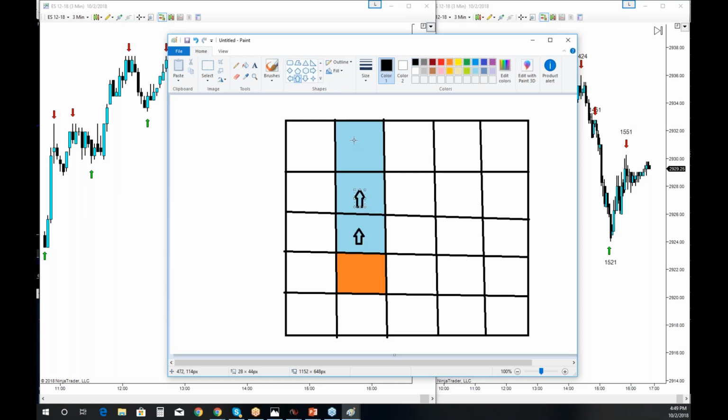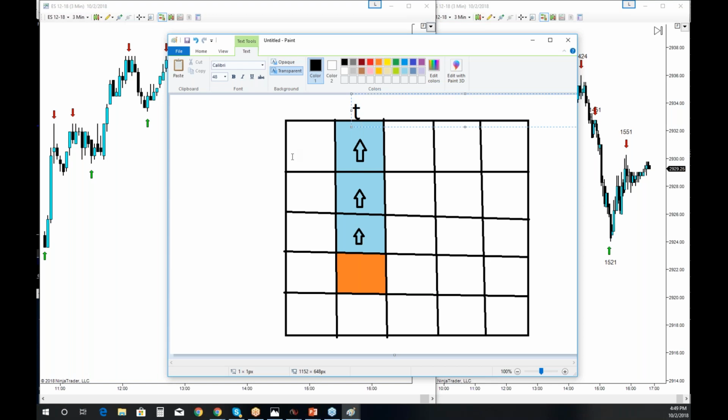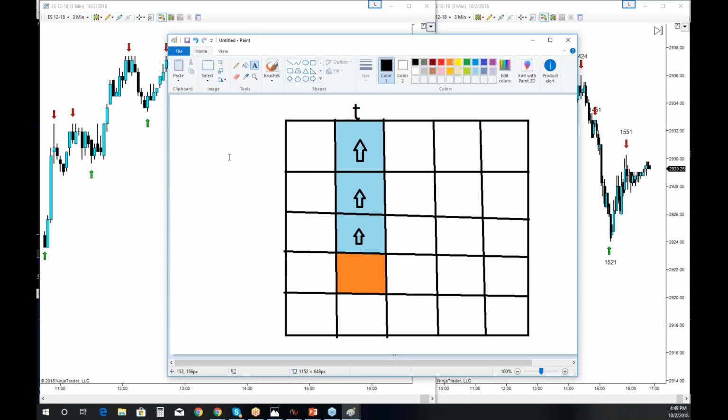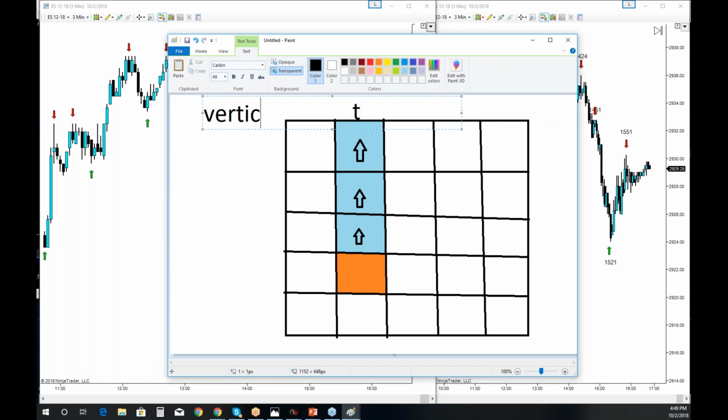So we can go back into the past this way, specific to a weekday, in this case, a Tuesday. And again, we refer to this as a vertical analysis.